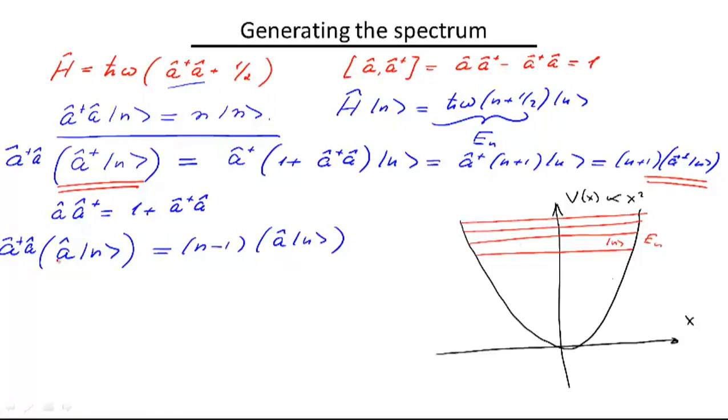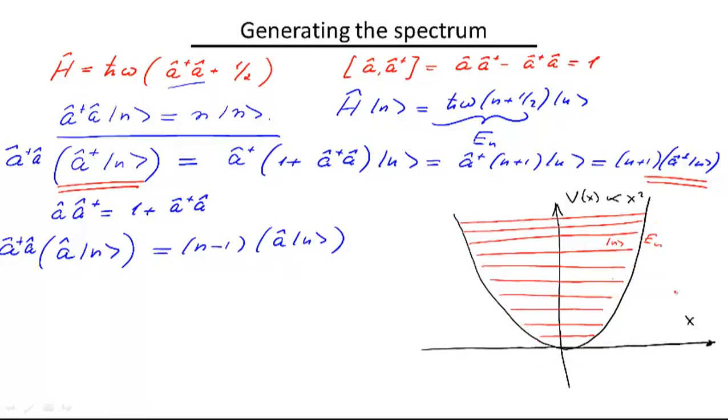But also by applying a, we can lower the energy, and we can do so seemingly indefinitely. But clearly, this procedure has to stop somewhere because we cannot go below 0. In other words, we cannot go below the minimum of the potential, which in this case is 0.